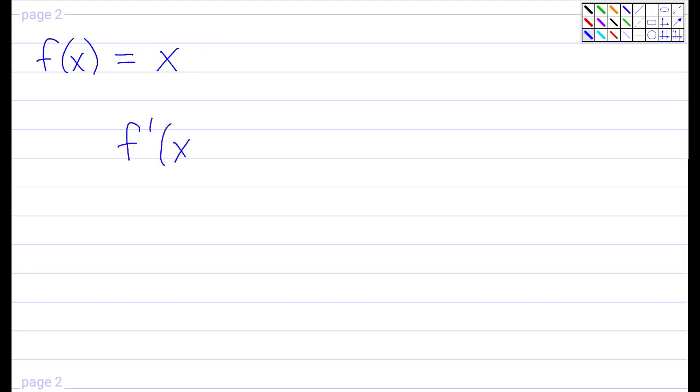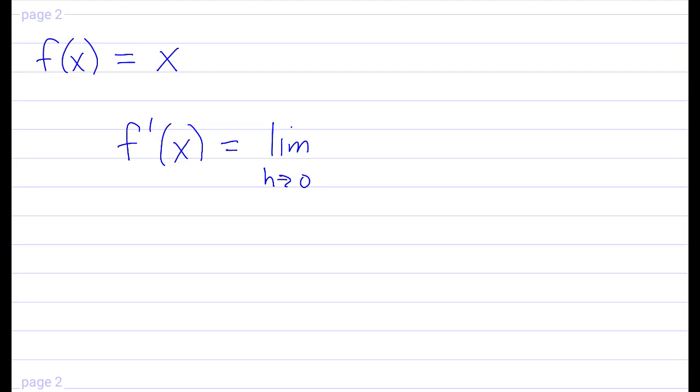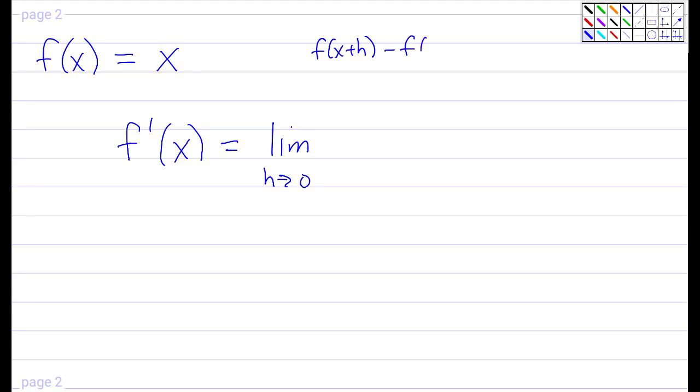F prime of x equals limit h goes to 0. Okay, the first thing we need is, in our definition, f of x plus h. What does that mean? Remember, we need f of x plus h minus f of x. That's the thing that goes in the numerator of our derivative definition. What does this actually mean? It's actually very simple.